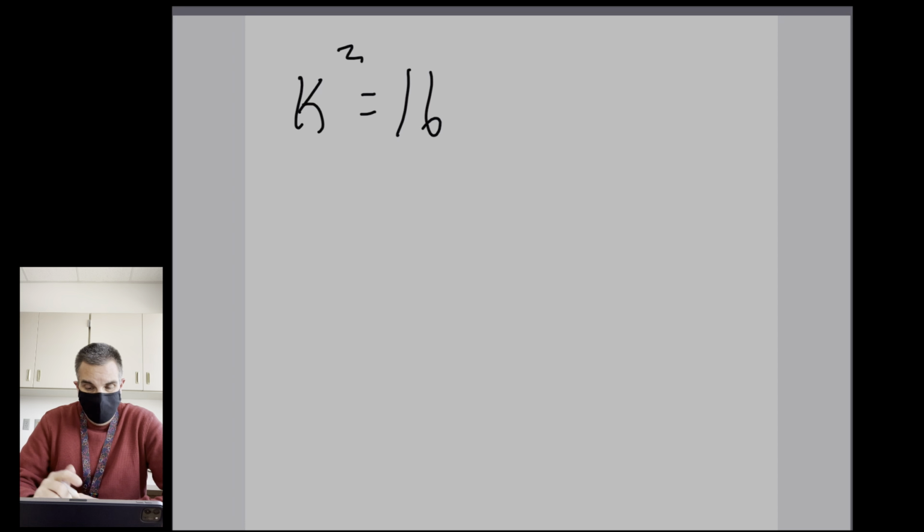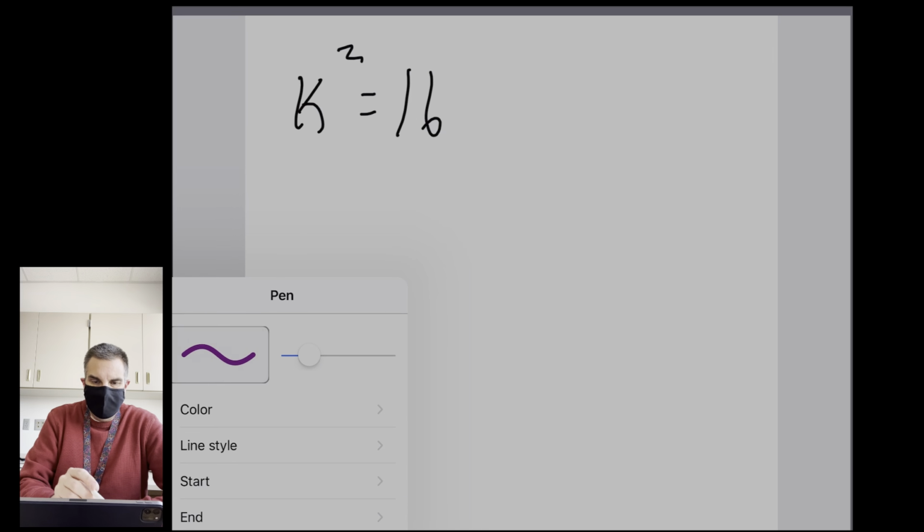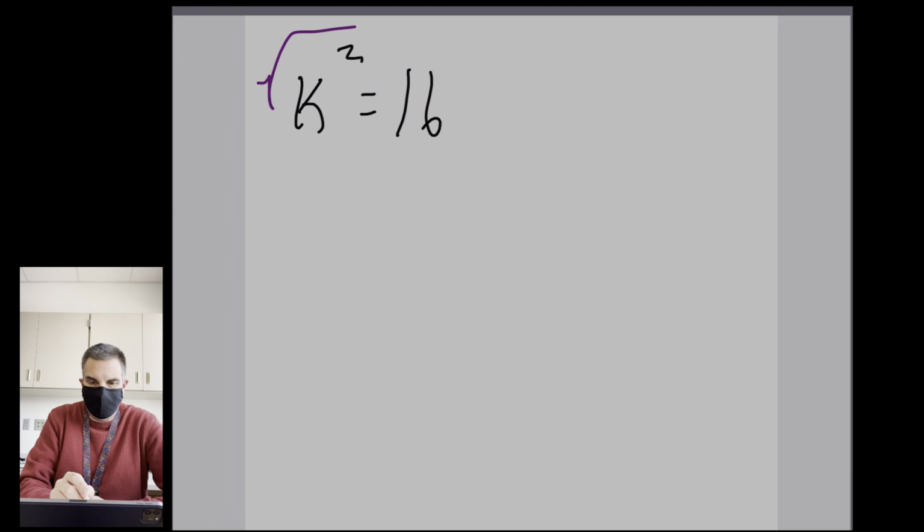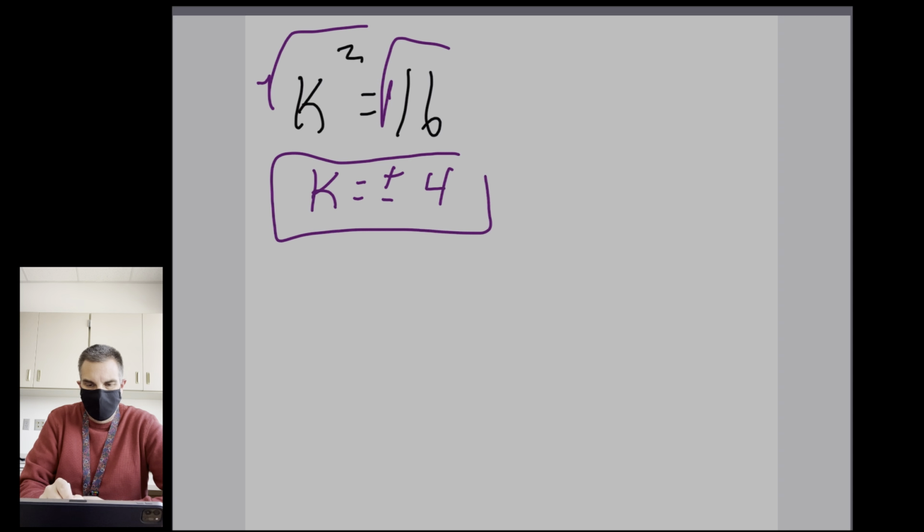Square root property, we talked about this in the last section. How do you get rid of squaring something? You take its square root. So we're going to take the square root of both sides. The only difference is now that our solutions are both going to be positive and negative. So the solution to this would be k is equal to plus or minus 4. Square root of 16 is 4.